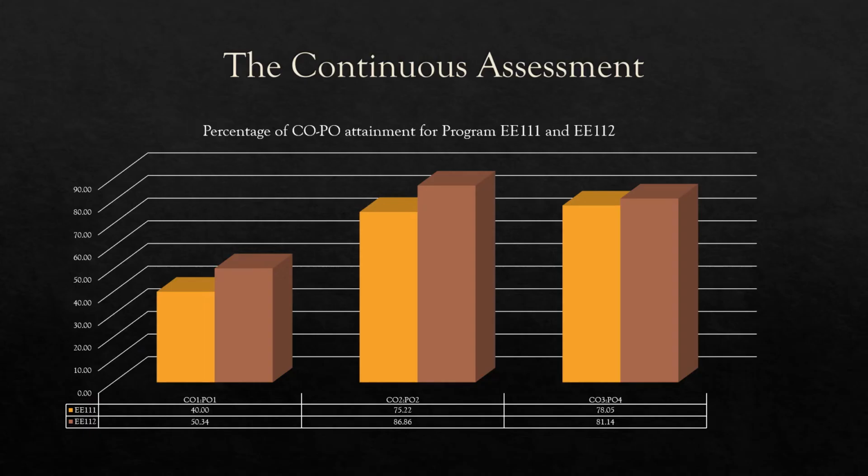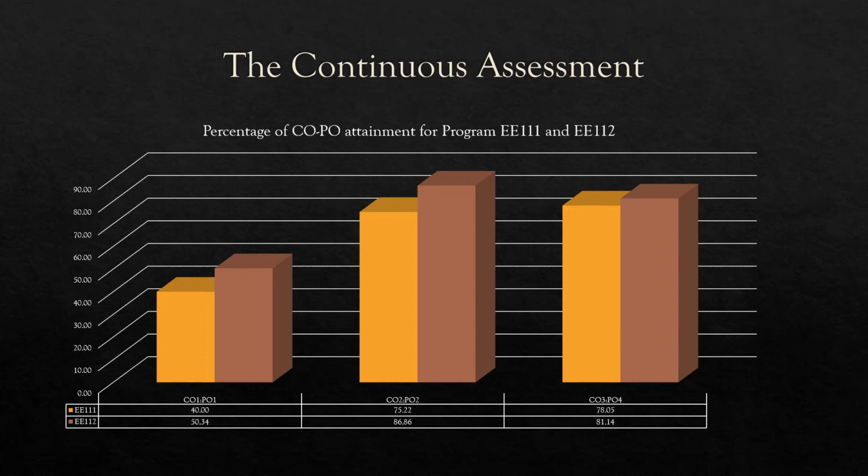This is the result of the percentage of student achievement for the overall course assessment based on PO. The performance indicator is set at 65%. As we can see, PO1 did not achieve the performance indicator; it is just 40% and 50%.